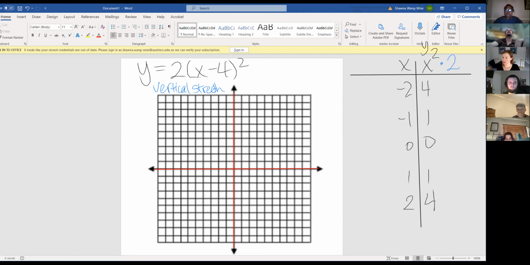I don't see that as far as the equation goes, because I see a 16. Are you looking at the problem? I don't see a 16 on this problem right here. I see a negative 2. Well, I haven't squared anything yet. Wait, what? No, we already squared stuff. We took the x and we plugged it in. So we took the -2, we plugged it in and we got 2 squared, which is 4.